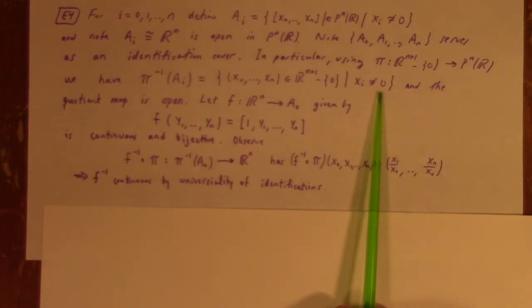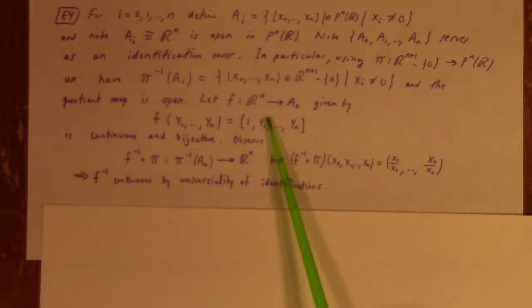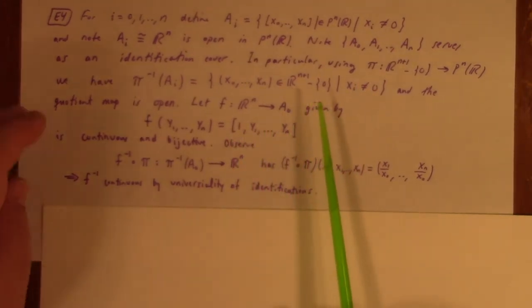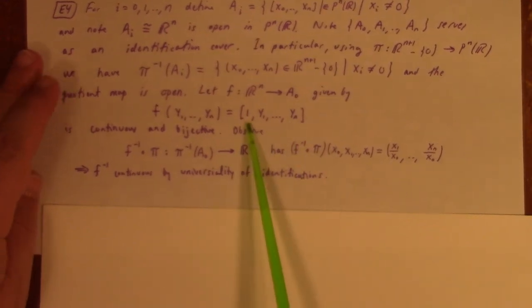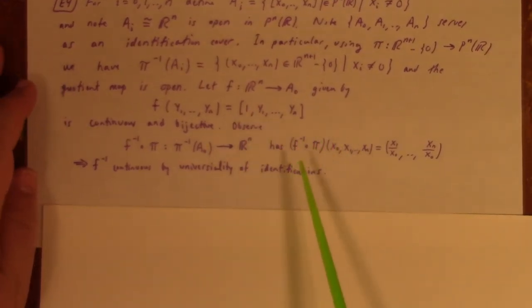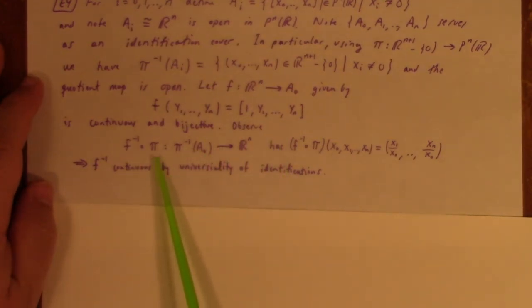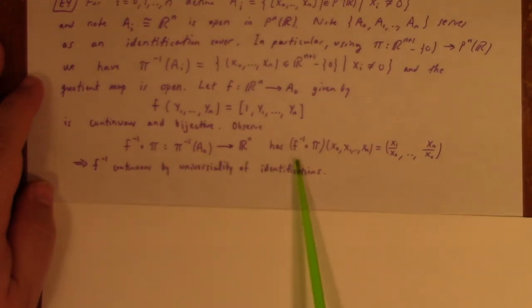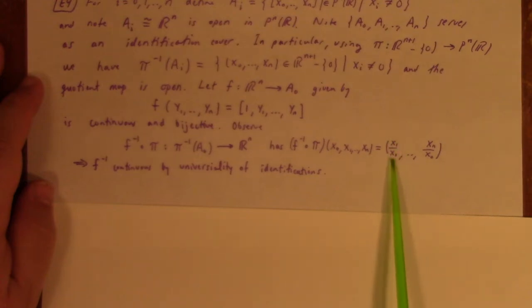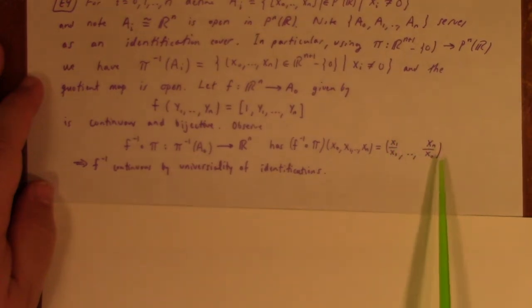It's the union of two open half spaces, and then he defines F by just putting a 1 in the 0th spot, and so that is a bijection with inverse, which when you compose with pi has this form. So f inverse composed with pi of x0 through xn, we just take x1 over x0, through xn over x0.